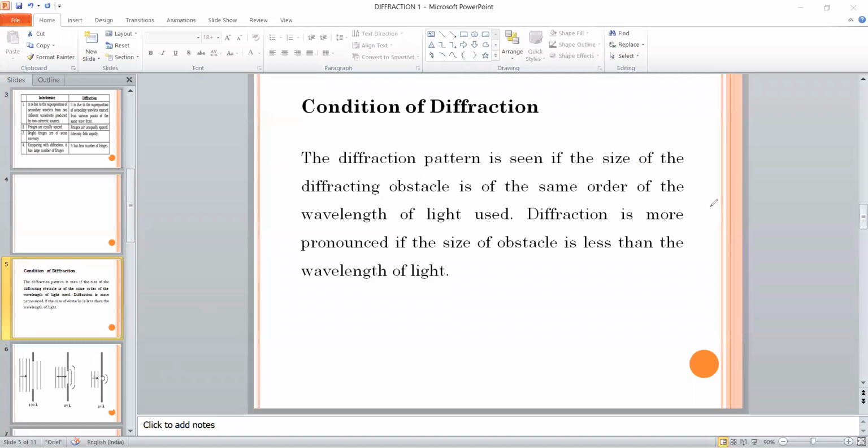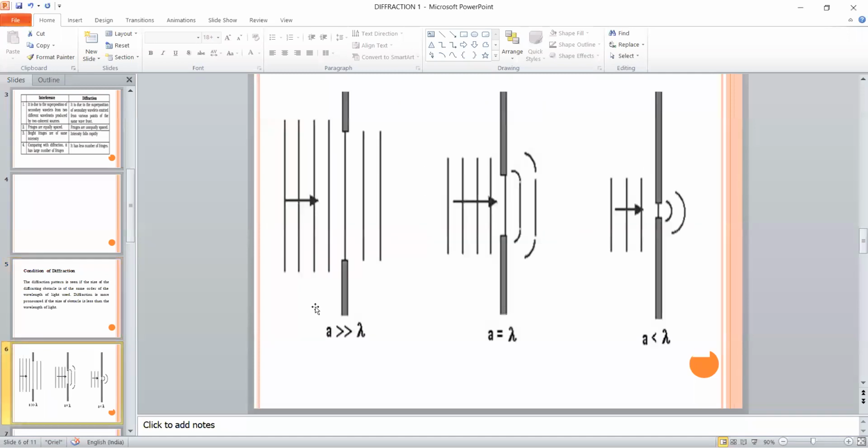Okay, now we will go to the next slide, so that we can clearly understand how the diffraction pattern is formed. As you observe the first figure, if the wavelength of the light is too small as compared with the width of the obstacle, here A is the obstacle width.